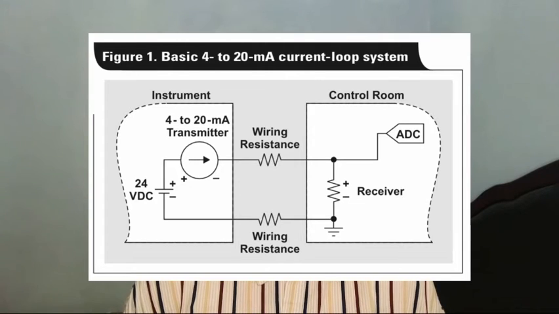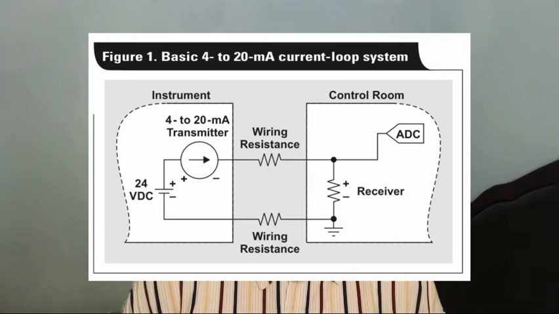And the last one, as long as the power supply voltage is high enough to overcome system voltage drops, the desired current representing the measured signal is maintained by the transmitter. Thus, smaller wire gauges with their higher voltage drops and lower costs are used for the interconnections, requiring only an increase to the supply voltage.